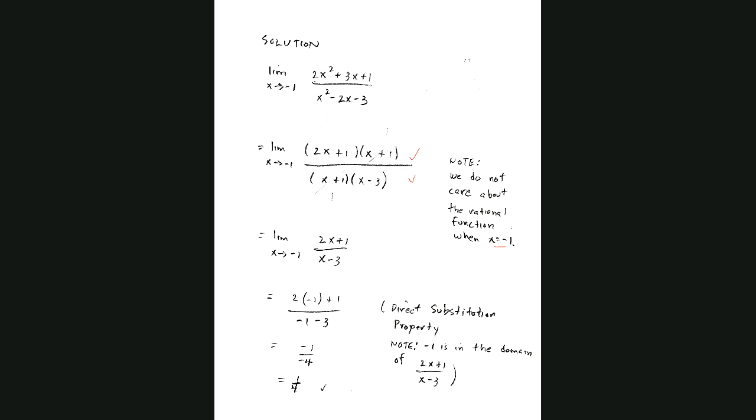Now what of course happens is that the x plus 1 factors on the top and bottom simplify, leaving us with the limit as x approaches -1 of 2x plus 1 over x minus 3. So the limit of this rational function can be simplified to the limit of this new rational function.